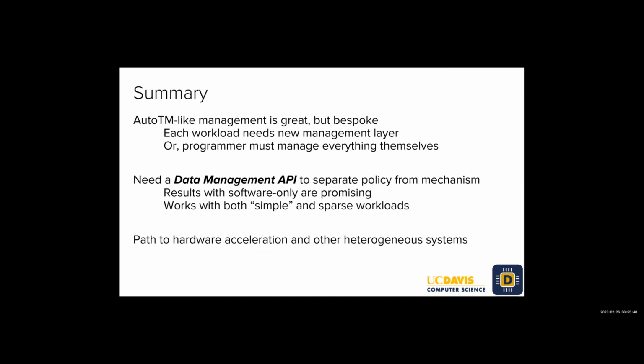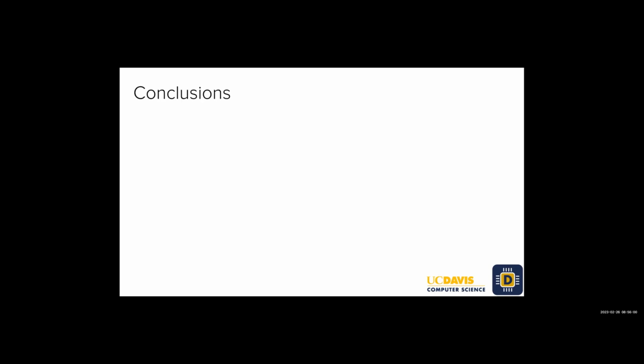So what I want to argue for is something more like this data management API, where we can separate out the low-level details of how we're moving data around from the high-level use of the data at the software level. And I think that there's a path towards hardware acceleration when we use these kinds of APIs.